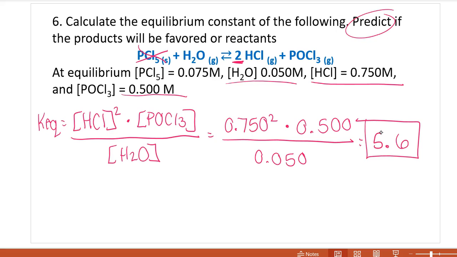Last step is to make a prediction. KEQ is greater than 1. That means this reaction favors the products. At equilibrium, the products are going to be greater than the reactants.